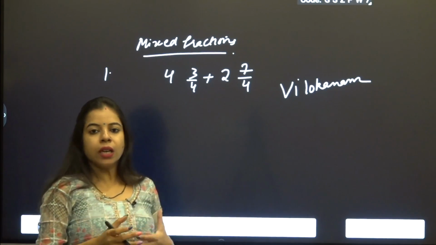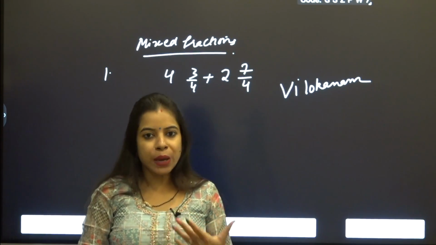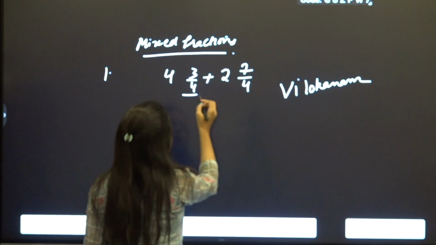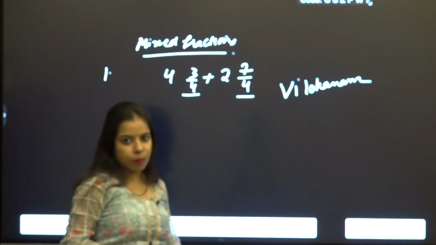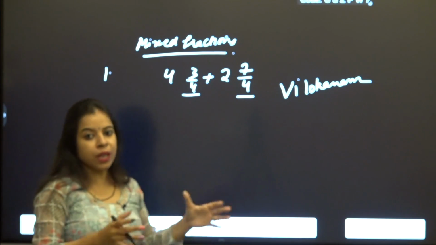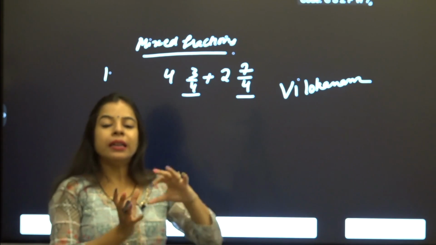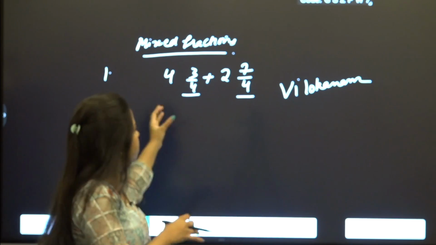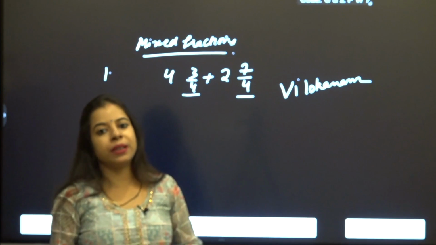Vilokanam is a sutra in Vedic mathematics which means by observation. So here we observe that the denominator is common. So how are we going to perform the addition? We are going to tackle the whole part separately and the proper fraction separately.